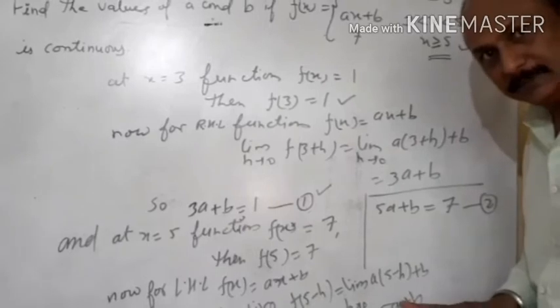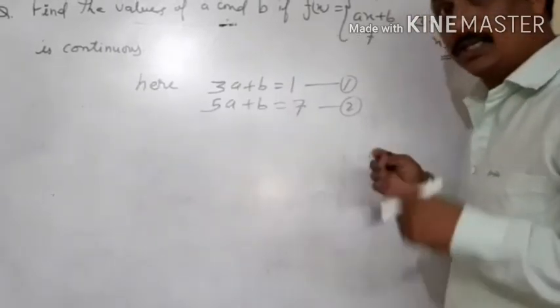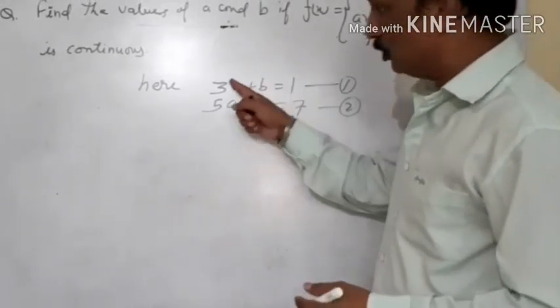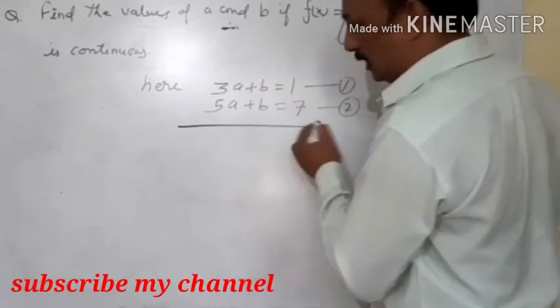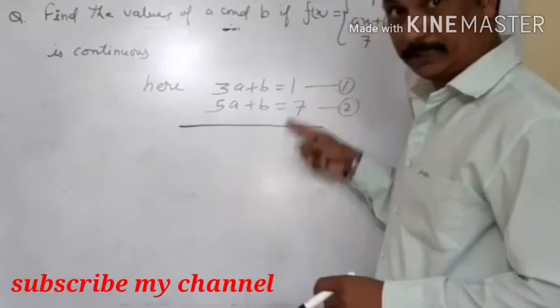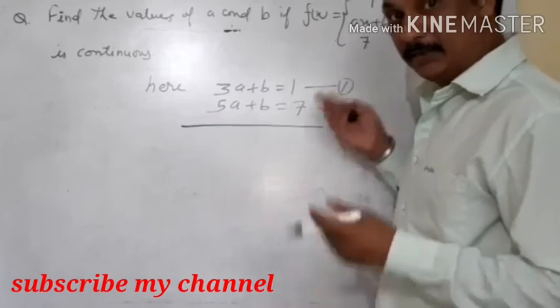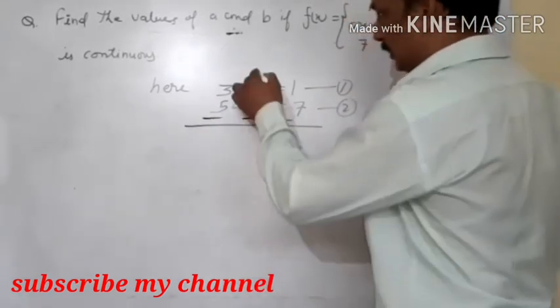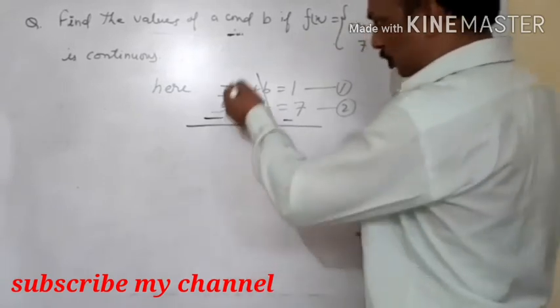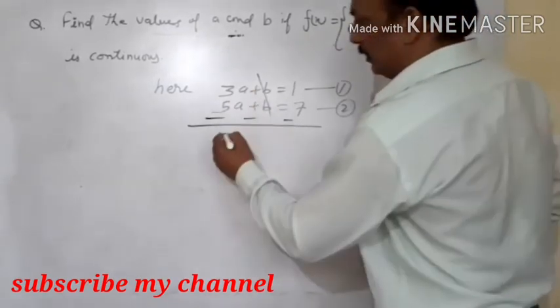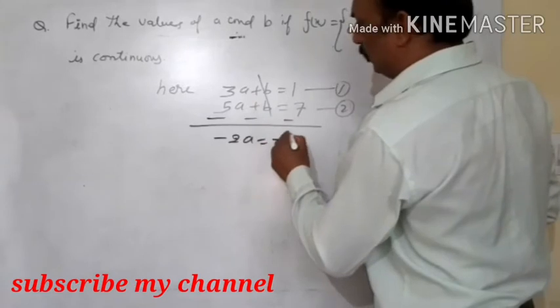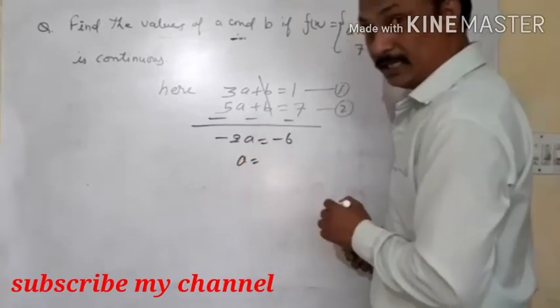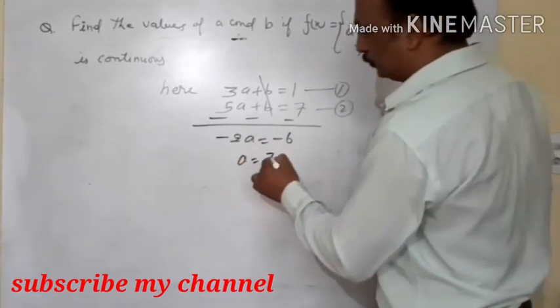Is that clear? With the help of these equations, can we calculate the values of a and b? It is very simple. If we subtract equation second by equation first, then the b terms will be cancelled. So 2a is equal to 6.